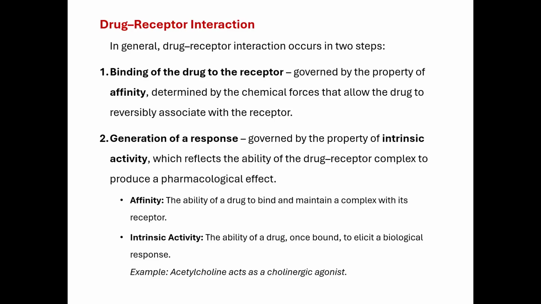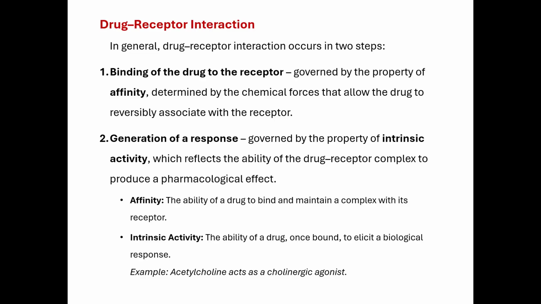So it binds to a receptor, but it cannot stimulate it like an agonist. So we normally say an antagonist doesn't have intrinsic activity. It has affinity with no intrinsic activity. Yet an agonist has affinity and intrinsic activity.